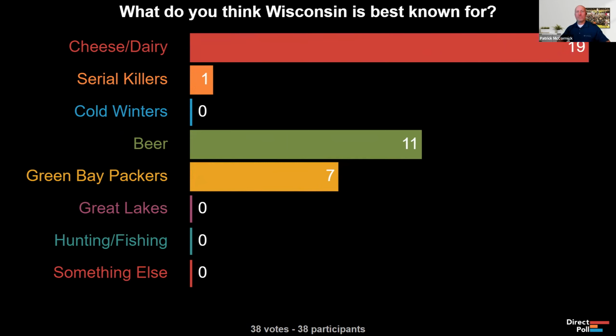So a lot of people think we're known for the Green Bay Packers and beer, obviously, but cheese, dairy. I mean, I really hope that Rob voted for cheese. Yeah, Thomas just said in the chat he is shocked. I'm assuming that he's just playing around there because yeah, we're for sure known for cheese.